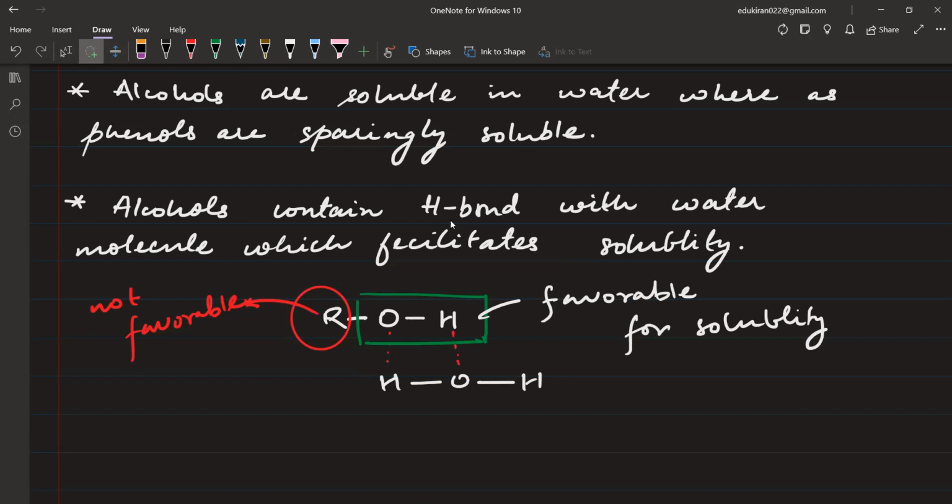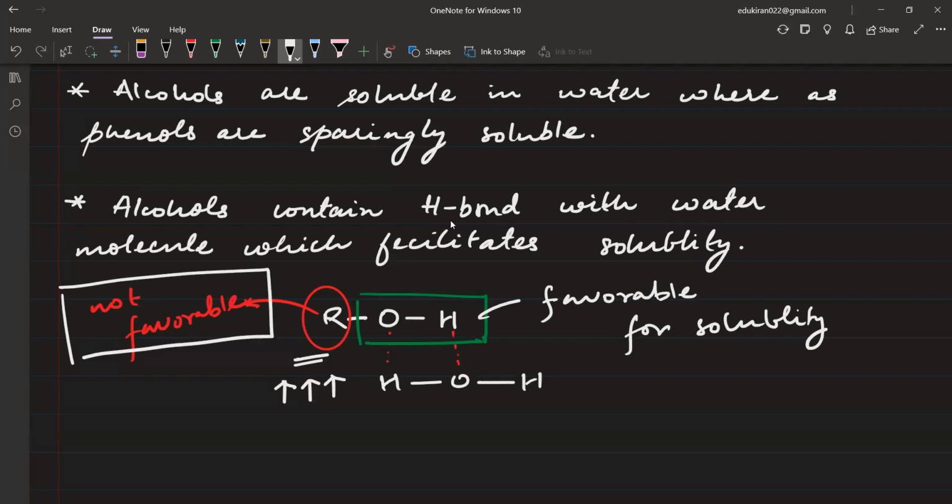Now you tell me one thing. Let's suppose I'm increasing the number of carbon atoms, then what part am I increasing? The R part or the OH part? The R part. Very good. So if the R part is increasing, that means the unfavorable part is increasing.